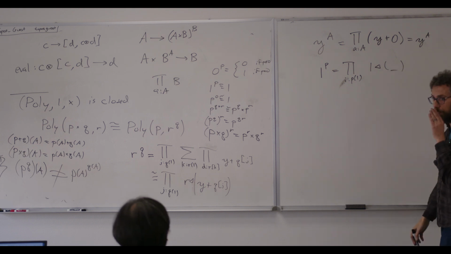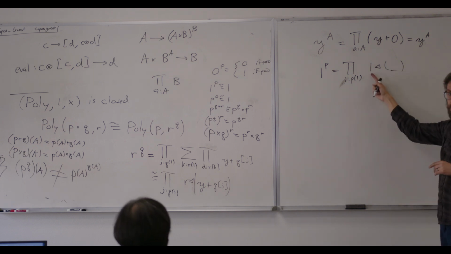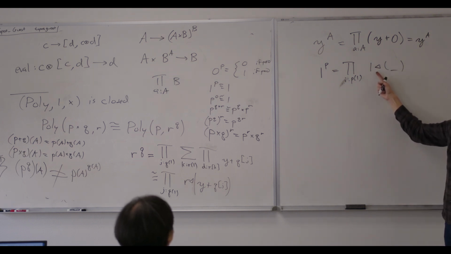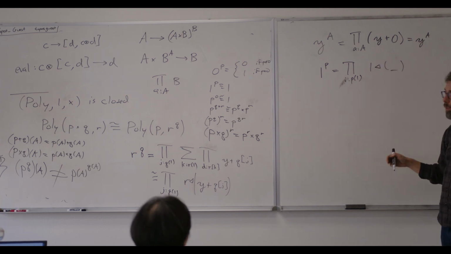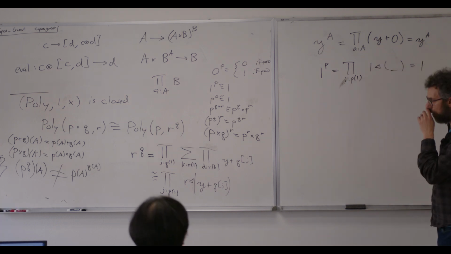But I don't care what that stuff is because this is a constant functor. 1 is the constant 1, and so plugging into y doesn't do anything. There is no y in there. So this is just 1.